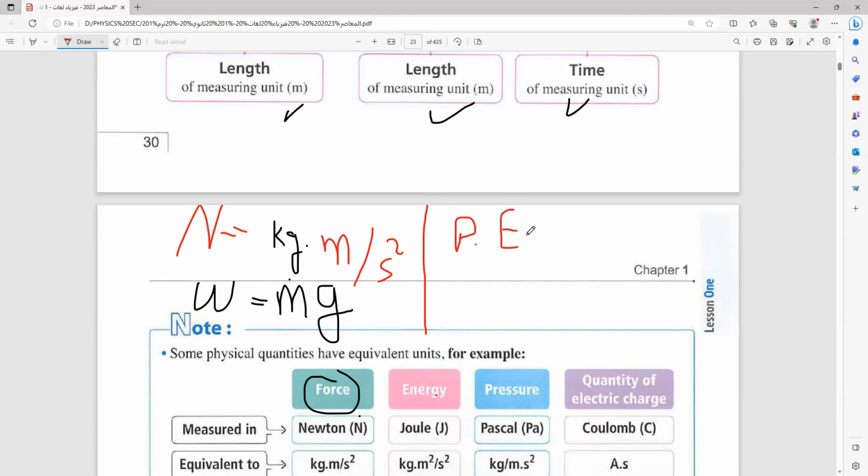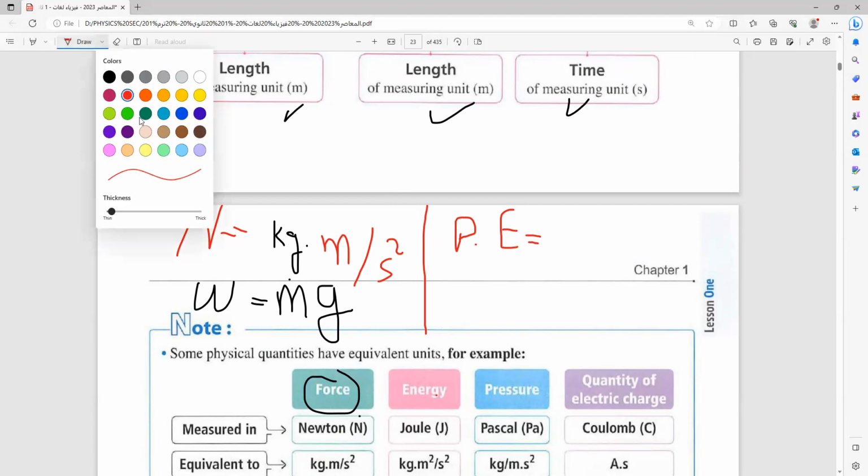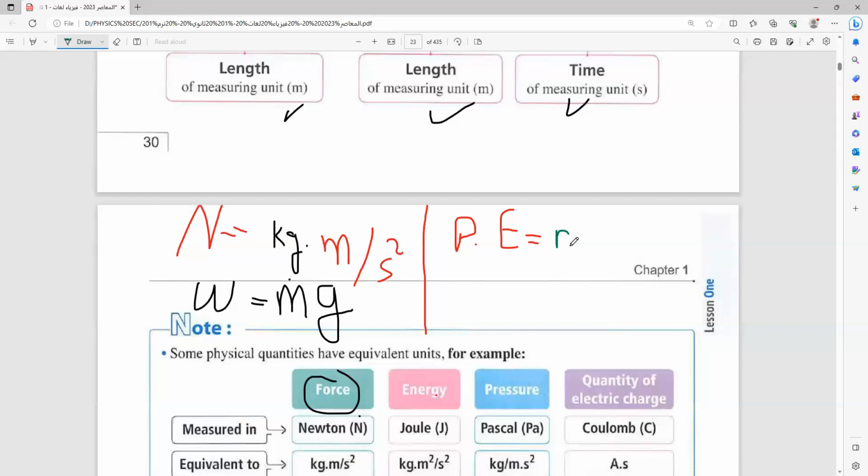Potential energy equals weight times height, so mgh. What does m mean? M means mass, g means gravity, h means height.